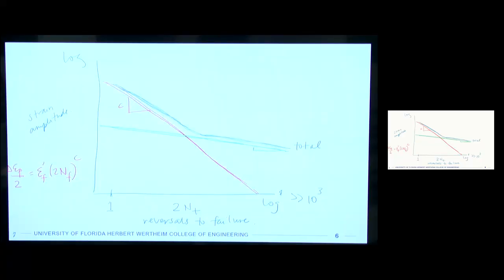We had some equations we used on a stress versus number of cycles curve, but not on a strain versus number of cycles curve. But you can see now, if we sum those two, and I've drawn them very close, but if we sum those two, right, then we would get something that's much more continuous.